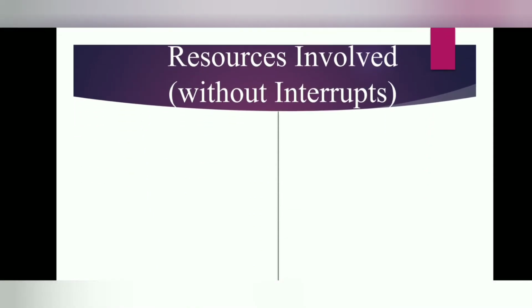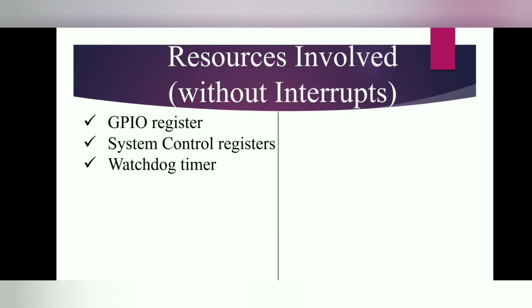First we will look at the source code without the help of interrupts. What do we need if we are not using interrupts? We need GPIO registers, system control registers, and the watchdog timer. In this application, we are going to provide a delay of 100 milliseconds to the LED counter.